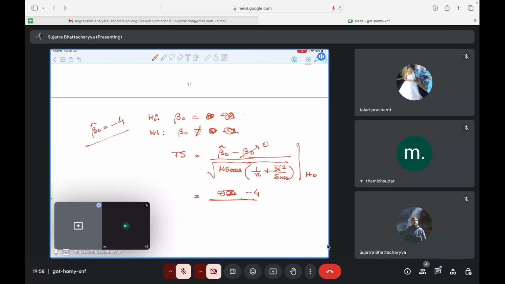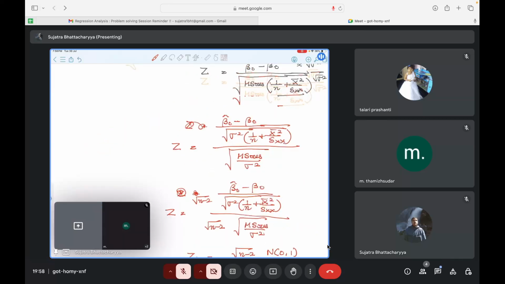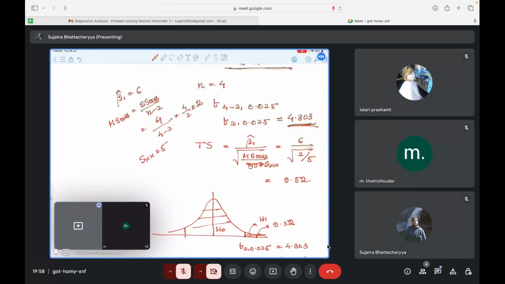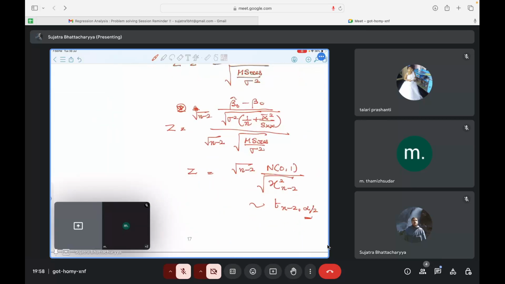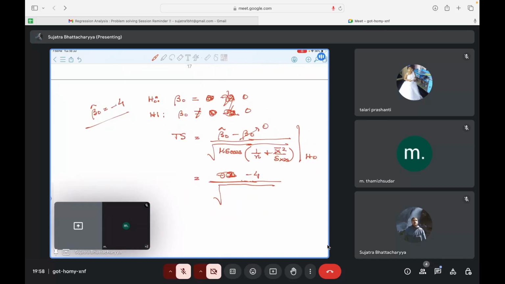This can be 0, there's no problem. So minus 4 divided by MS residual we have calculated just now. What was that? 2, I think. So it is 2 into 1 by n, so 1 by 4, plus x bar square, which is 2.5 square, divided by 5.